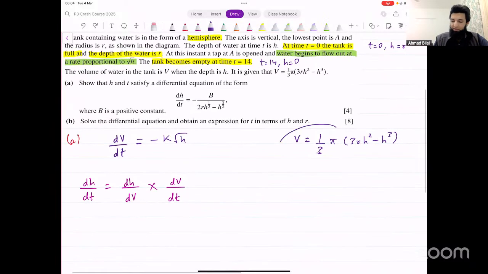We find the derivative of this. Whatever is the subject, that's what you have in the numerator, over dh. Derivative of V with respect to h. 1 over 3 pi is just a constant that will remain as it is. What about R?